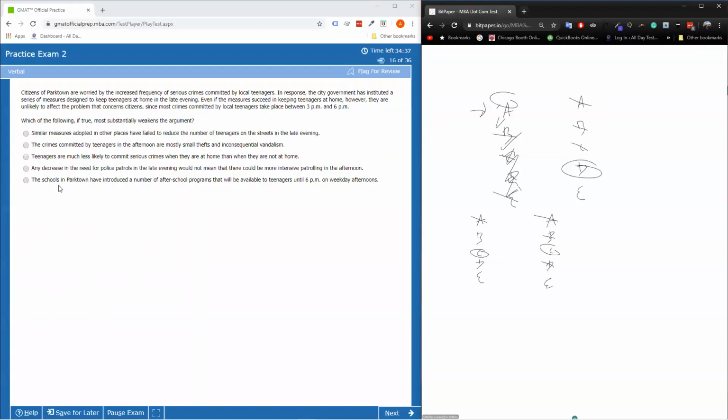The schools in Parktown... that could be more intensive patrol.